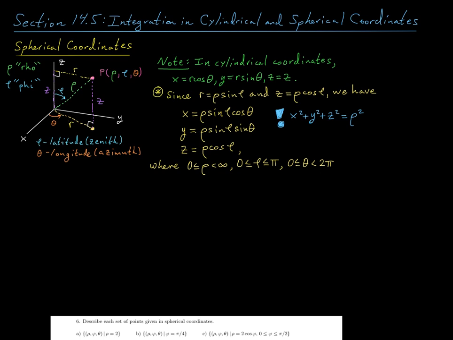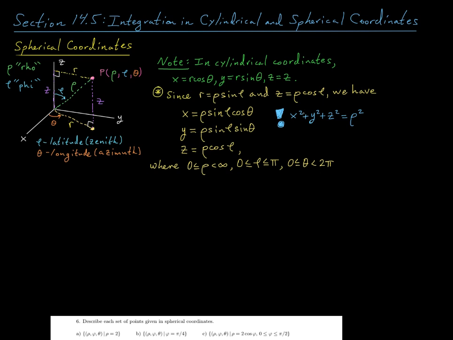So phi is really a latitude angle. And then on the other hand, if I were to fix the angle theta, and then let phi vary as I move along my sphere, I'm going to be describing a circle of longitude. And the historical names for these angles are zenith and azimuth. And if you've taken, say, astronomy, you probably would have seen these terms there.